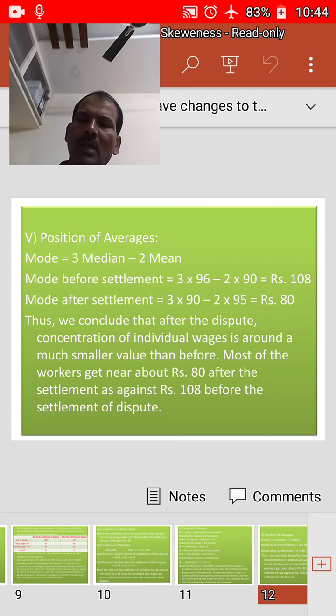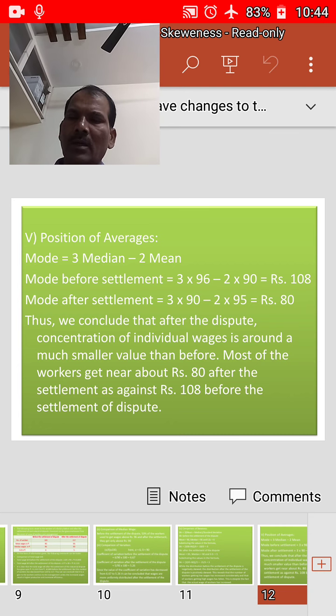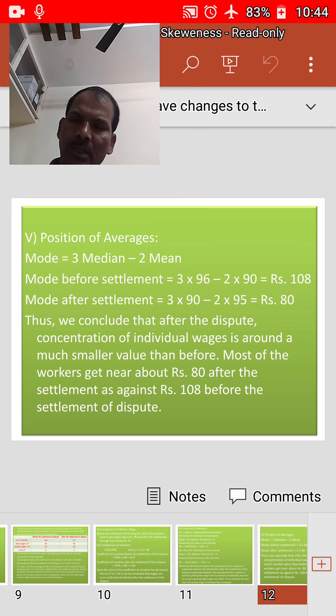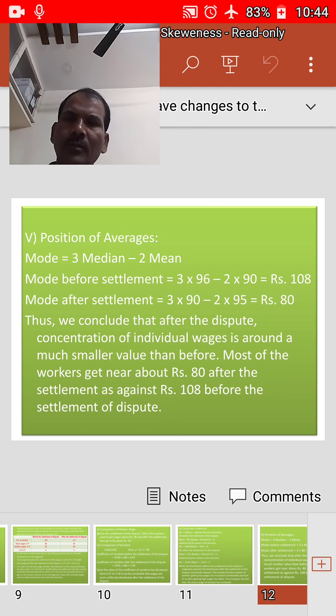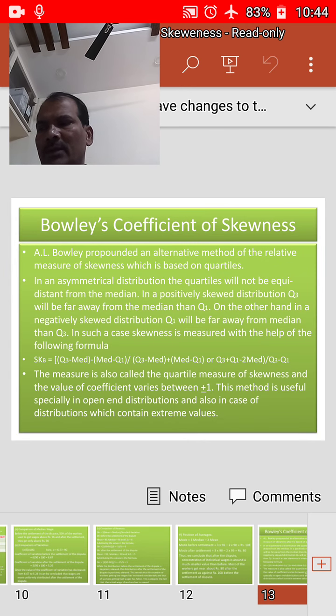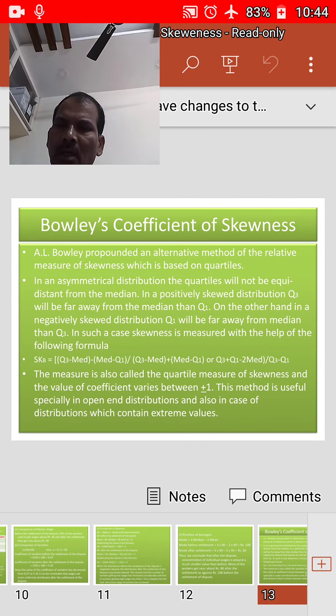Thus we conclude that after the dispute, the concentration of individual wages is around a much smaller value than before. Most of the workers get near about rupees 80 after the settlement as against rupees 108 before the settlement of the dispute, right? And we'll see Bowley's coefficient of skewness now.